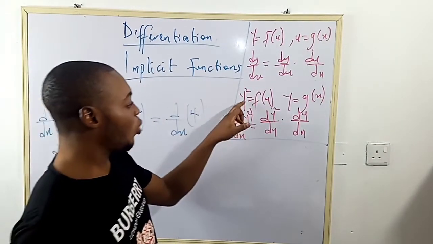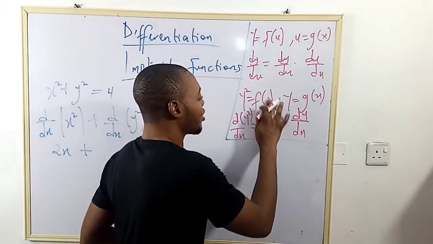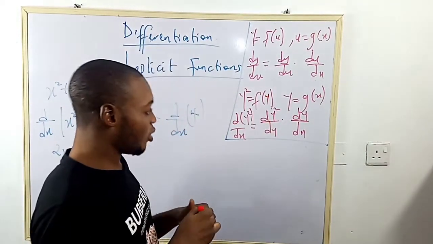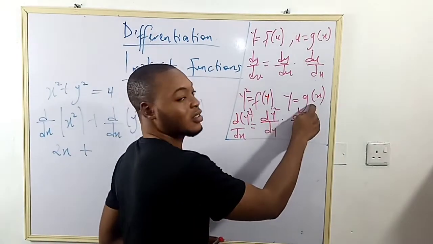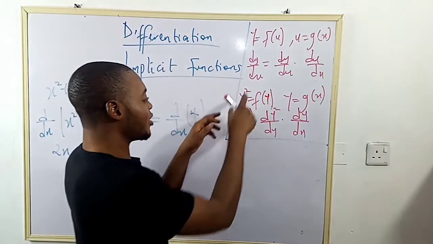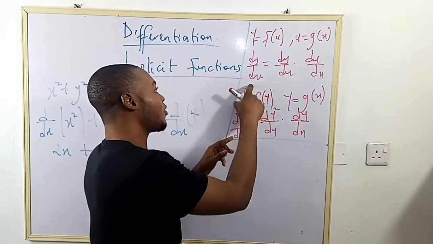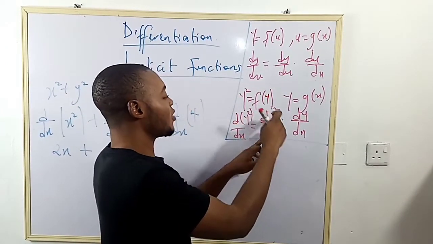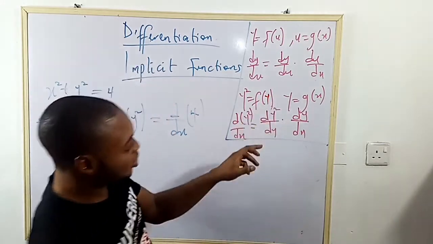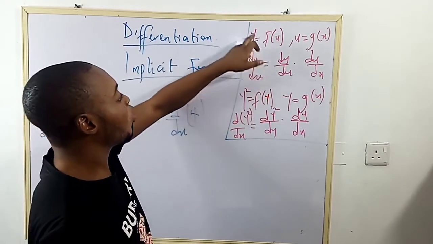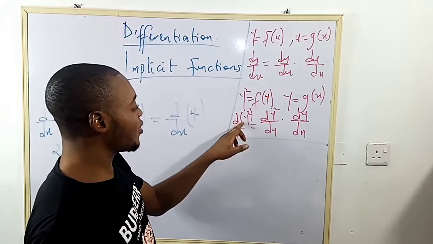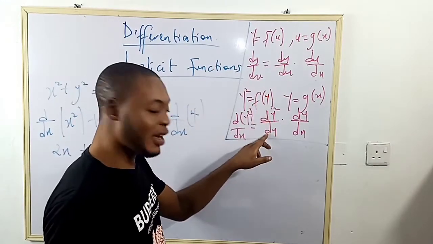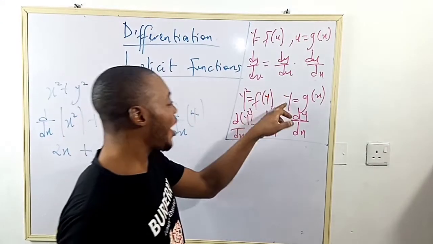So here, y squared is a function of y, and also y is a function of x. So in this case, the derivative of this function with respect to x will be equal to d(y squared)/dy, just the way you differentiate y with respect to u here. So here you differentiate y squared with respect to y times y with respect to x.